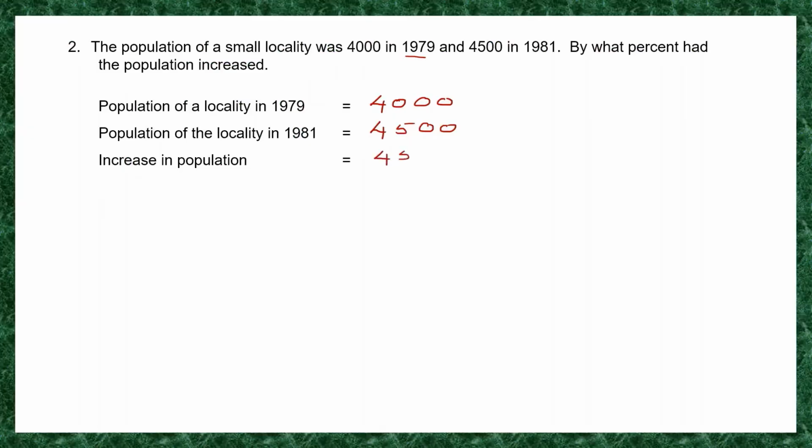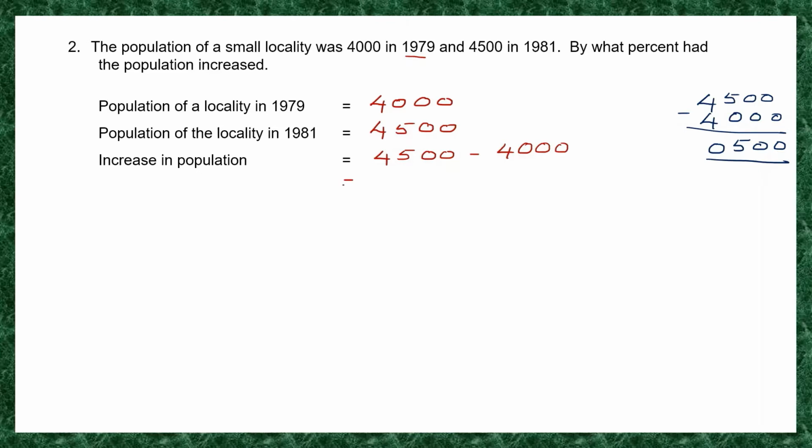So first, we need to find the increase in population. So 4,500 minus 4,000 will give us the increase in population. So let's minus that. 4,500 minus 4,000. 0, 0, 5 and 4 minus 4 is 0. So it increased by 500.